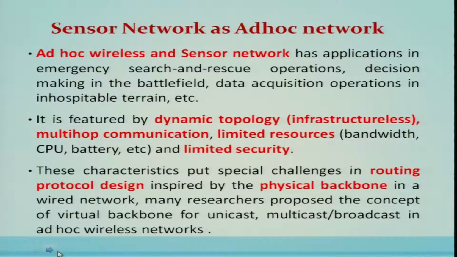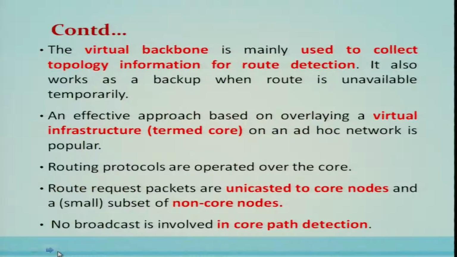These characteristics put special challenges in routing protocol design, which are inspired by the physical backbone in a wired network. Many researchers propose the concept of a virtual backbone for unicast, multicast, broadcast in ad hoc networks. So virtual backbone is mainly used to collect the topology information for route detection. It also works as a backup when the route is unavailable temporarily.